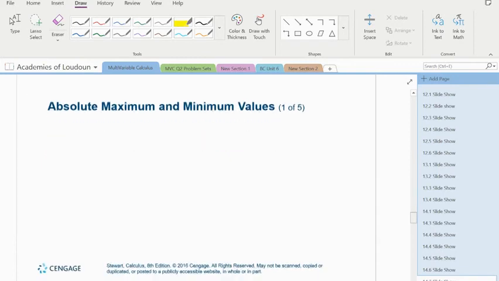So for a function of one variable, the extreme value theorem says that if f is continuous on a closed interval, then f has an absolute minimum and an absolute maximum.